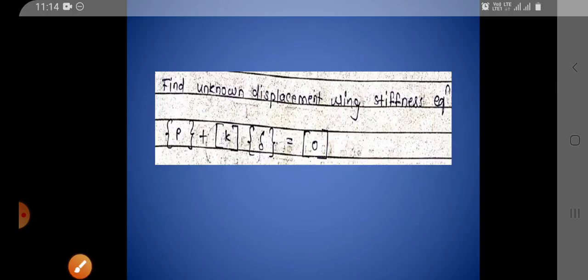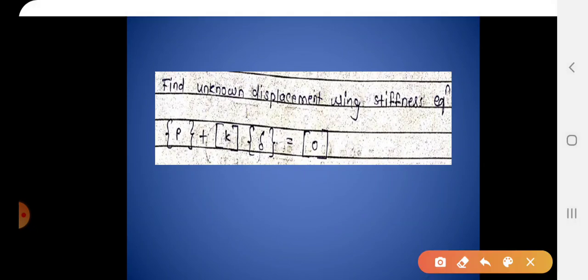Okay. Now the next step is to find the unknown displacement using the stiffness equation: P plus K delta equal to 0. Yes, this is PD, but PD is 0 in this case because there is no rotation of support and no sinking of support. Therefore PD is 0.